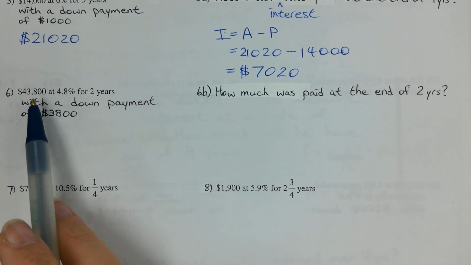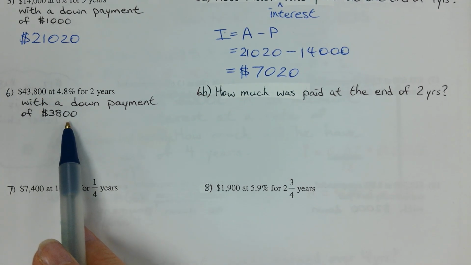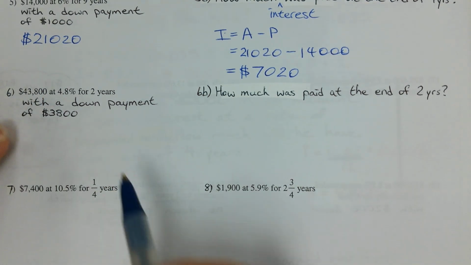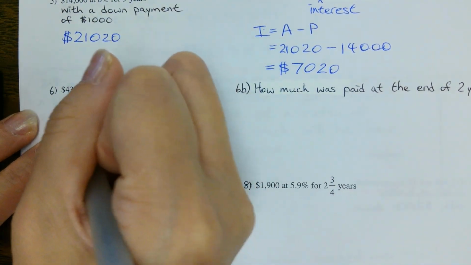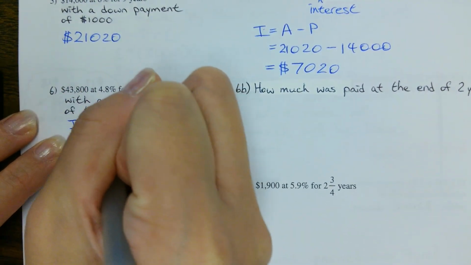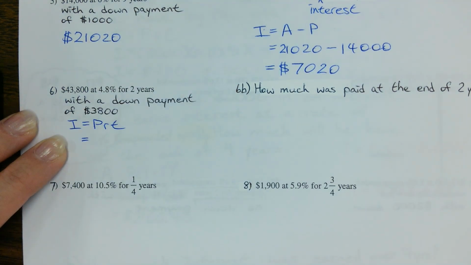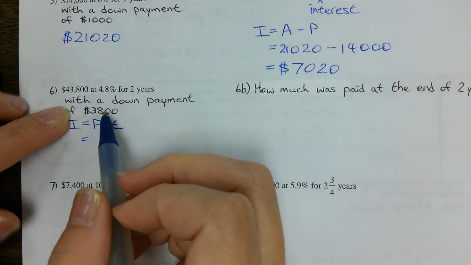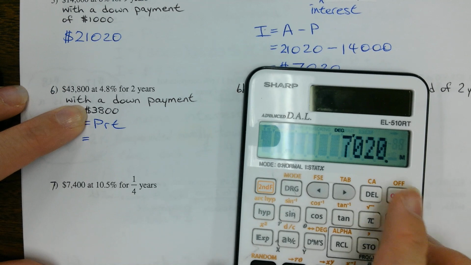All right, number 6. Let's do number 6 together really quickly. So again, I equals PRT. Since these are all simple interest questions, with a down payment of 38,000.